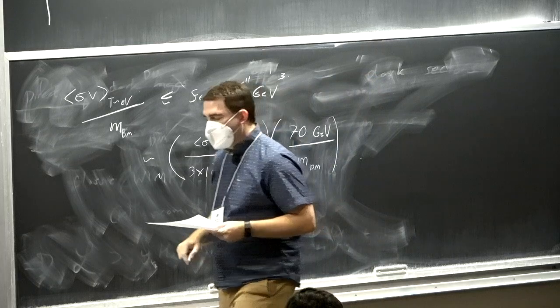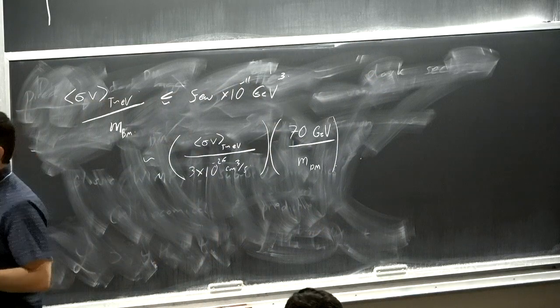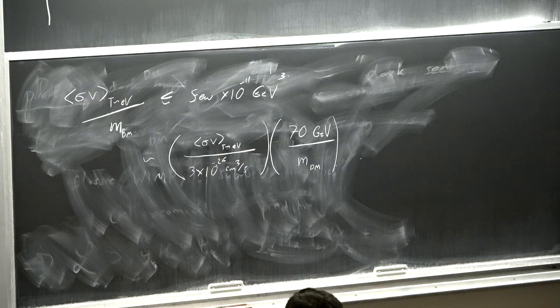Okay? So the punchline here is that if you have an annihilation process that gives you the right relic density that's independent of temperature, you're going to run into CMB distortions that are measurable as you lower the dark matter mass below tens of GeV.